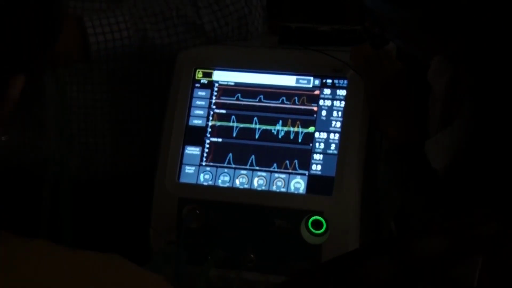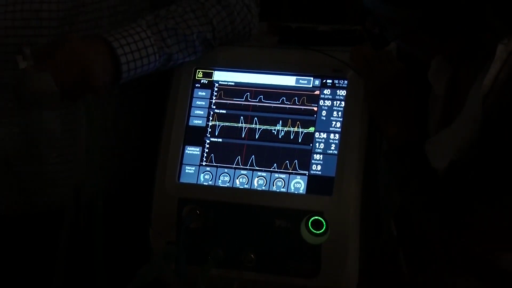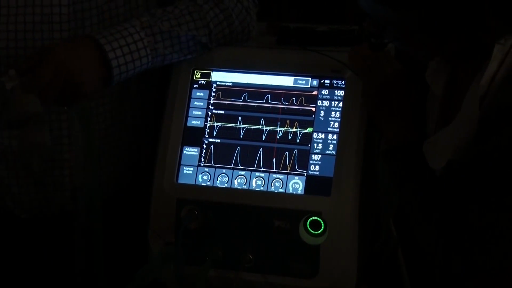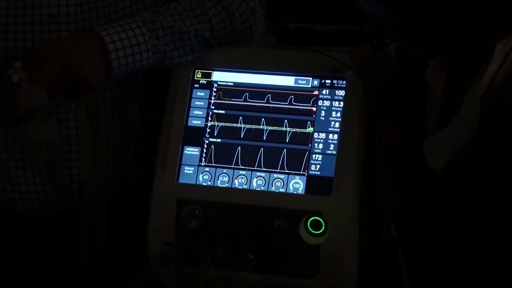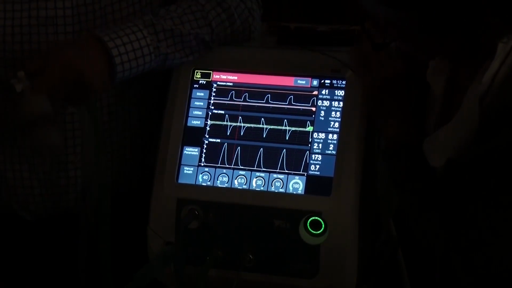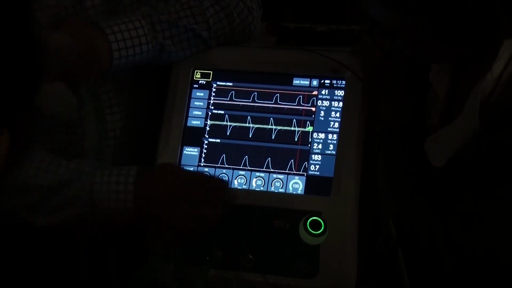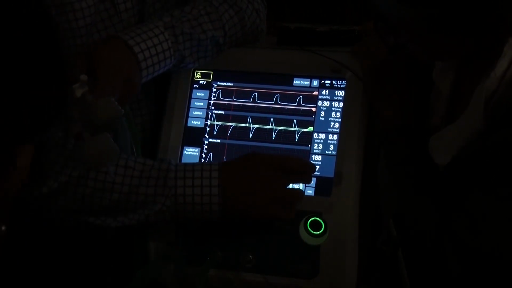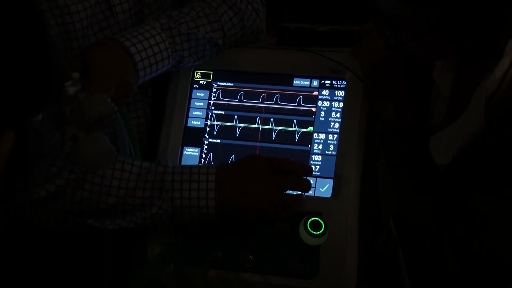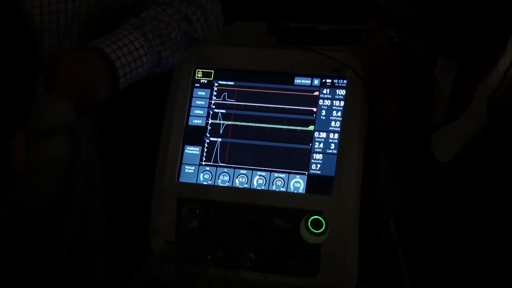Why did you pick 4 to 6 mil per kilo? How do we know? Why do we know 4 to 6 is normal?